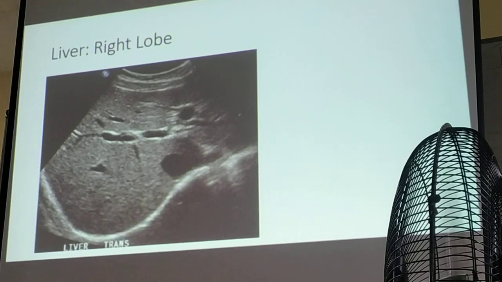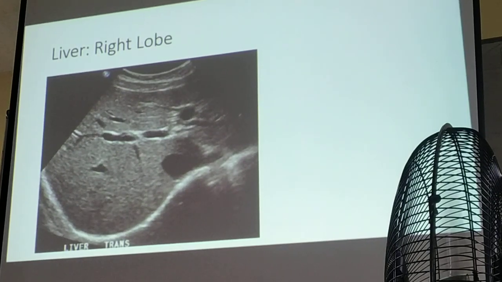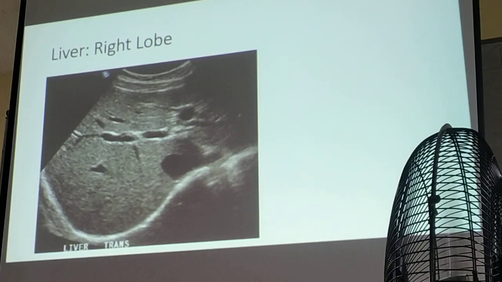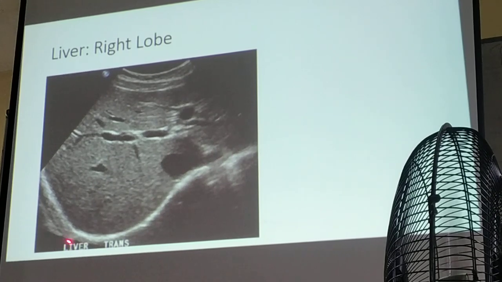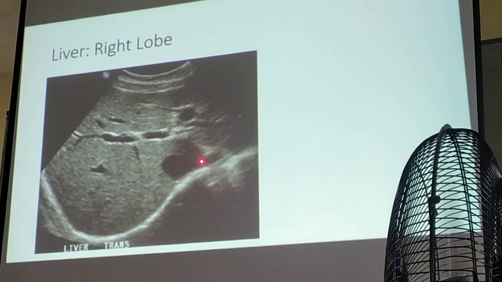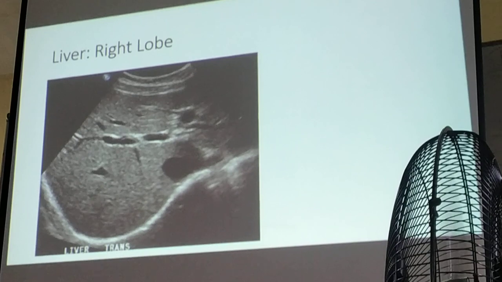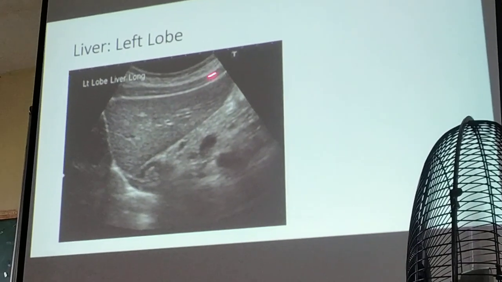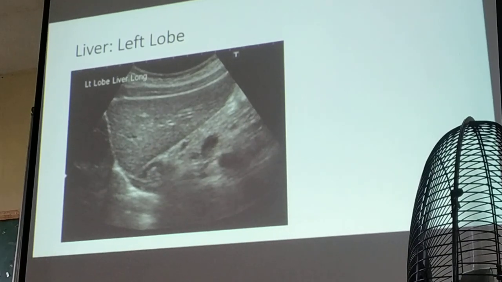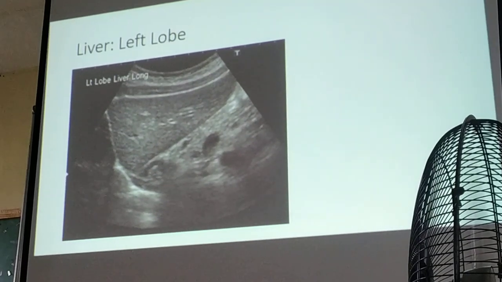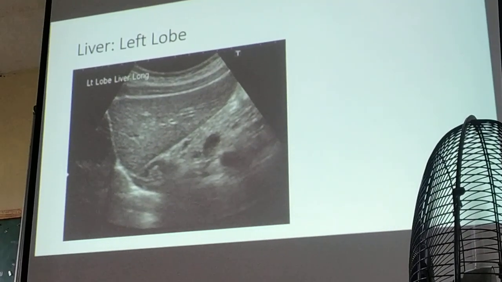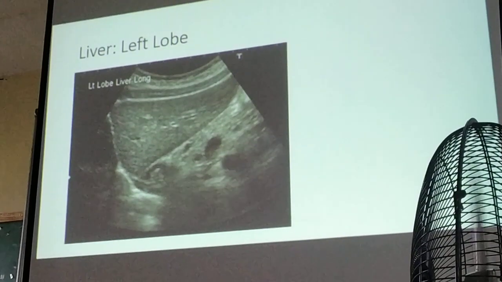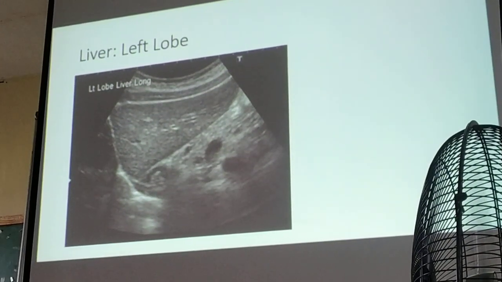Okay, let's start with the liver. So this is the right lobe of the liver. So it's very important that you have to see the inferior border of your right lobe. Okay, there you have the left lobe. There should be no fluid present because in some vehicular accidents, they would ask for a FAST ultrasound.